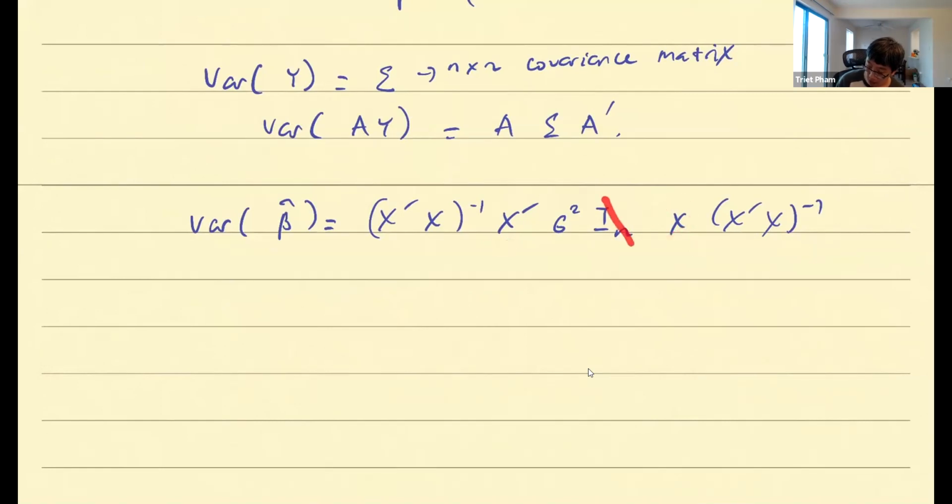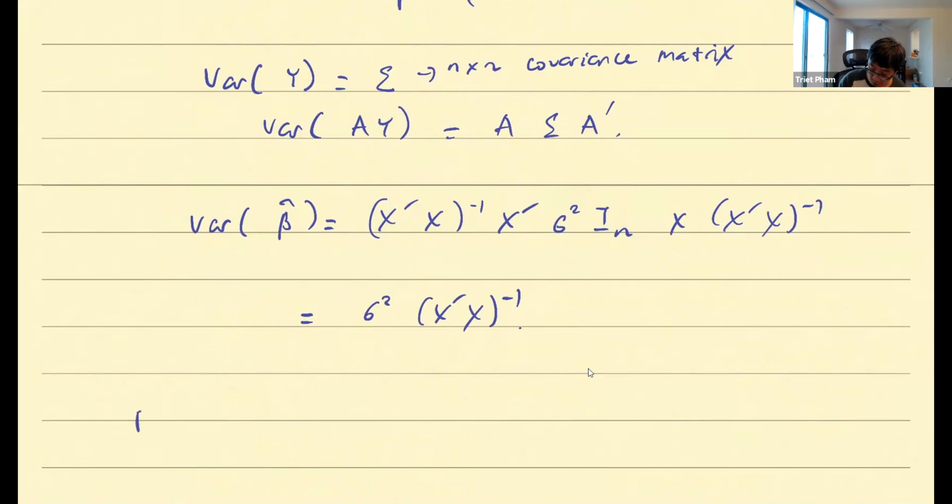And you see the identity cancels, sigma square is a scalar. It simplifies down to sigma square X transpose X inverse. Remember how much work we had to do to get to the variance of B hat? It's just simply like this. Let me show you.